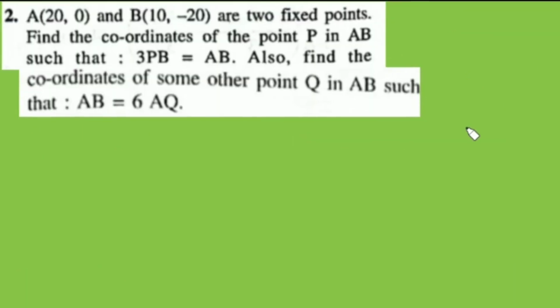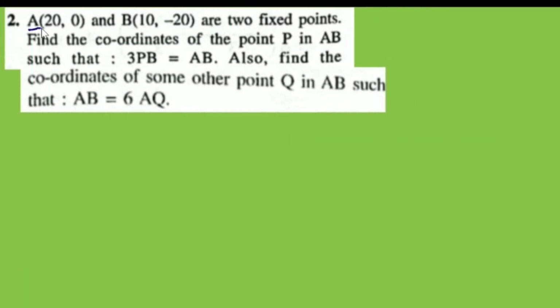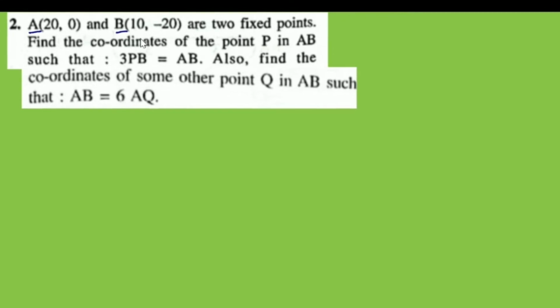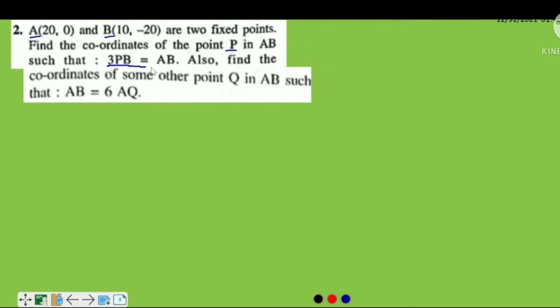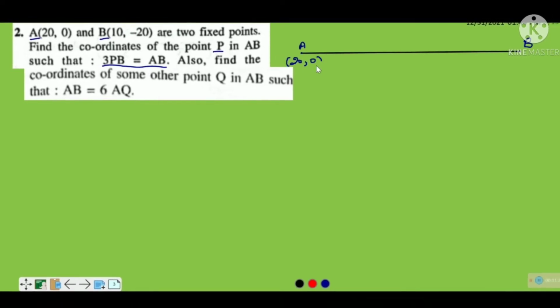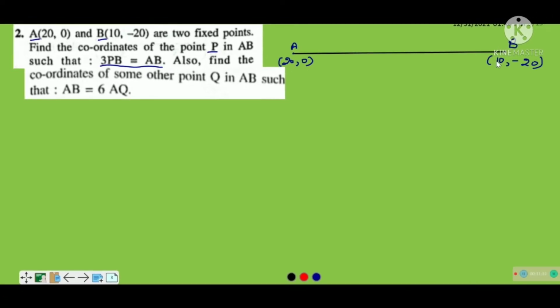Next question. Question number 2. A and B are two fixed points. Find the coordinates of point P in AB such that 3PB is equal to AB. P is a point in AB such that 3PB is equal to AB.